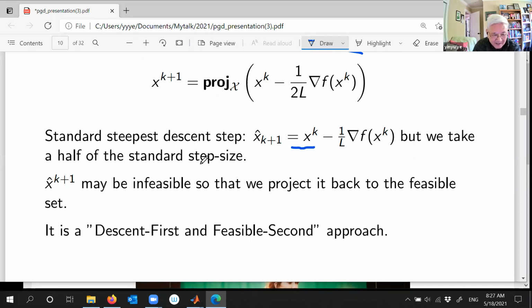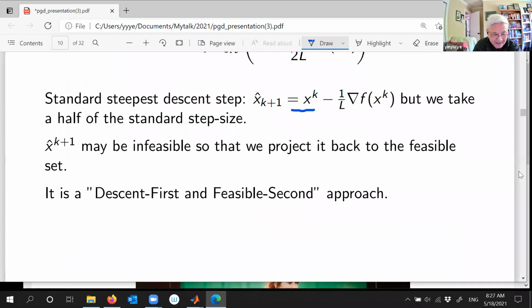This is typically called the descent first and feasible second approach. Many nonlinear optimization methods want to find a direction that is simultaneously descent and feasible. But here, we basically alternate.